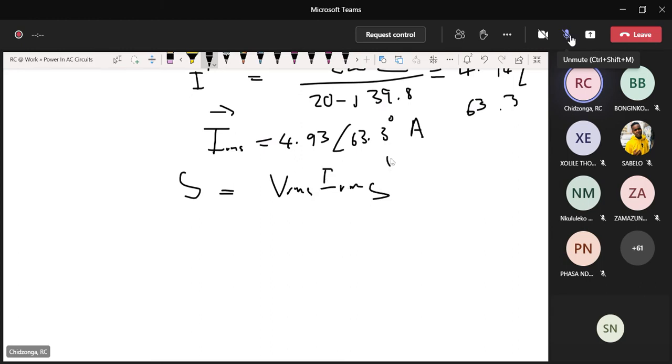conjugate. So this will now be 220 angle 0 times the conjugate of this. I must just change the sign of that angle, so it will be 4.93 angle minus 63.3 degrees.